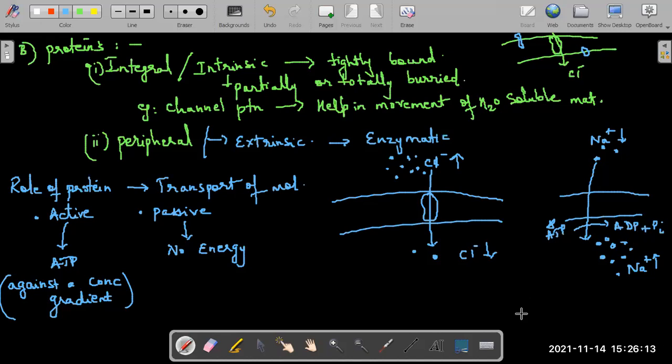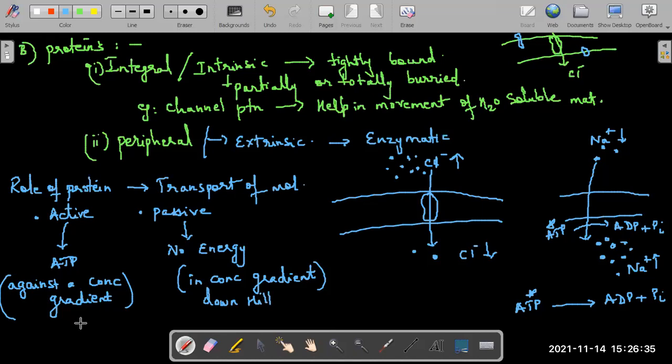This is utilization of energy. So whenever you write ATP getting converted to ADP plus phosphate, it means ATP is utilized. Moving along the concentration gradient is passive, also called downhill movement. Moving against it is called uphill.